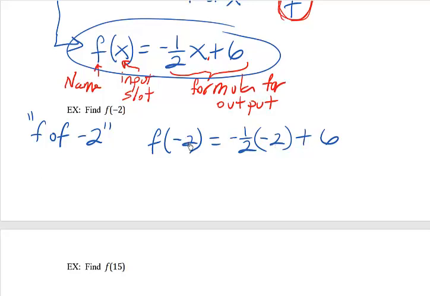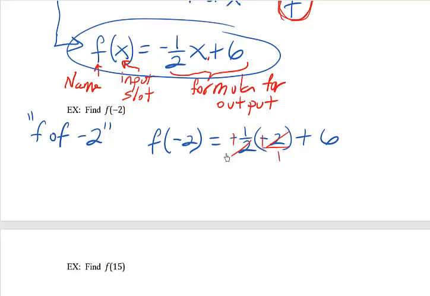What a lot of people say is whatever replaces the x in this parentheses replaces the x on the right side. I have a little calculation to do now, and whatever I get, that will be my answer. Let's see, it looks like I need to multiply here. If I put a 1 under that, I think that looks more normal. The 2's are going to cancel out. The minus signs are going to cancel out.